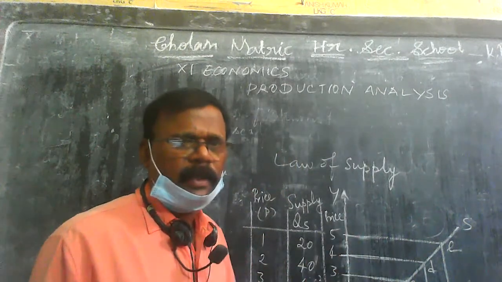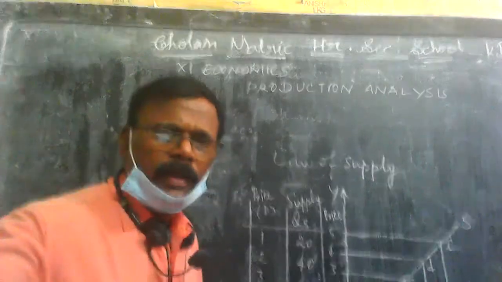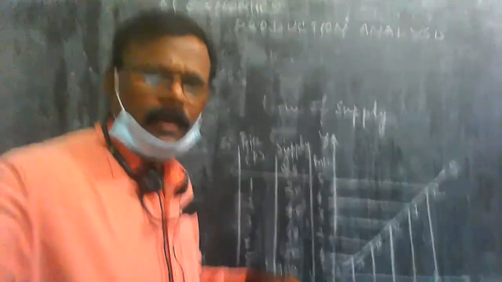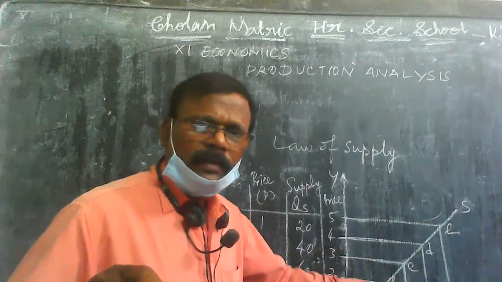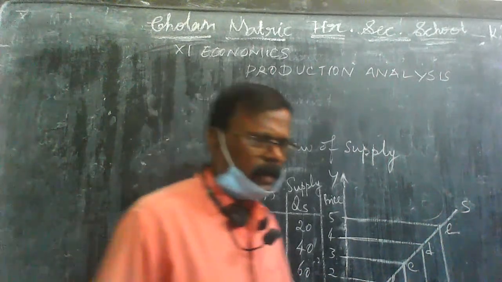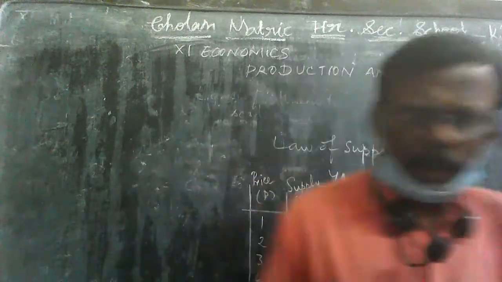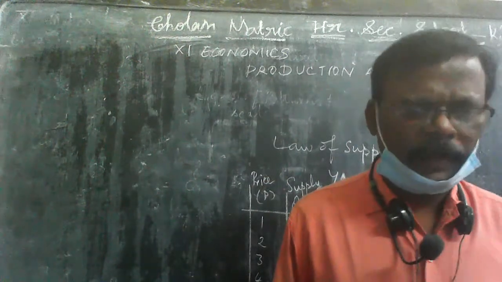So this is the positive relationship between supply and the price of a commodity. Now, there are factors which determine supply.